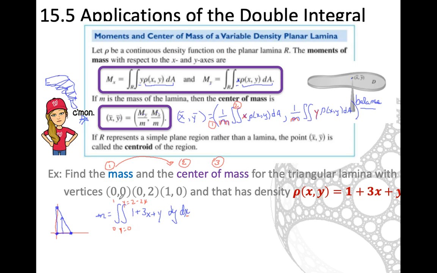Right, so integrating on the inside first with respect to y, I'm going to get y plus 3xy plus 1/2 y squared, evaluated at 0, which is nice because I have y's everywhere, and at 2 minus 2x.